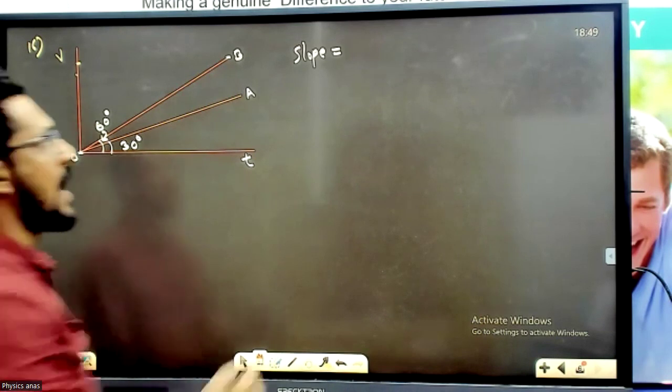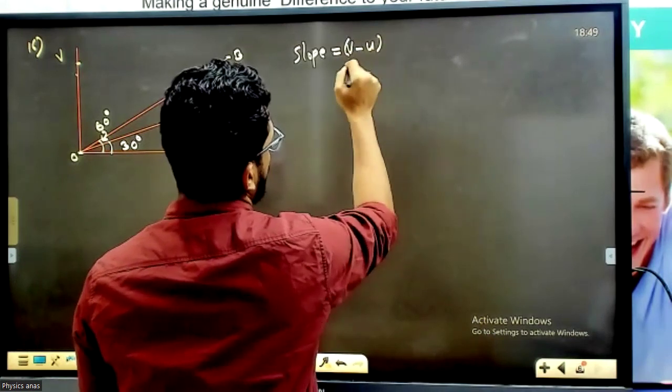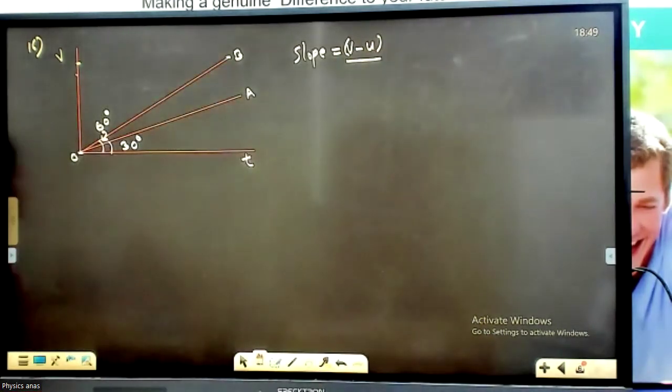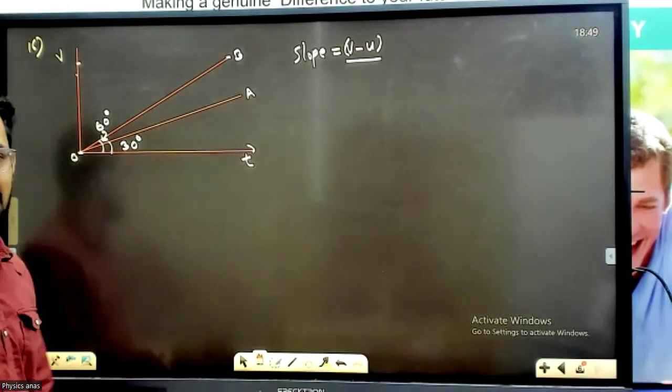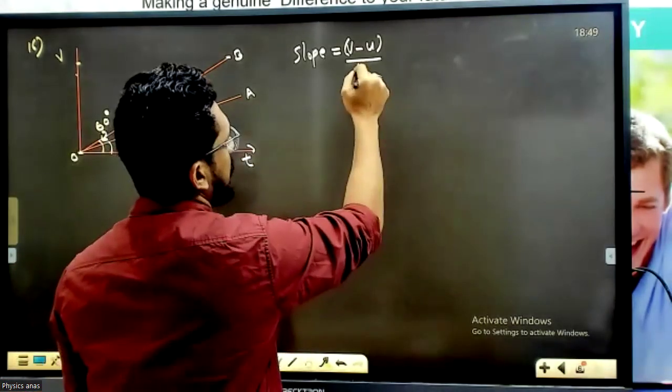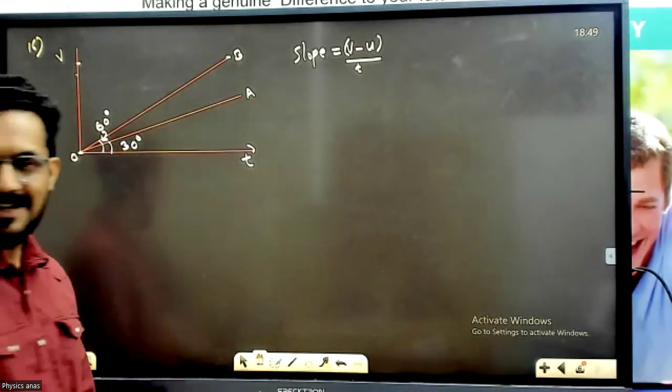So y is velocity change divided by x, which is time. Velocity change by time is acceleration.